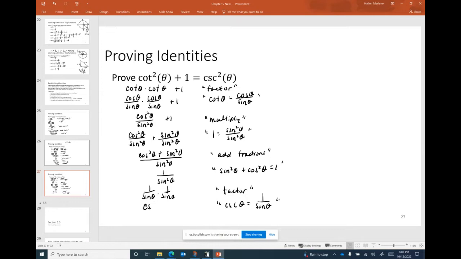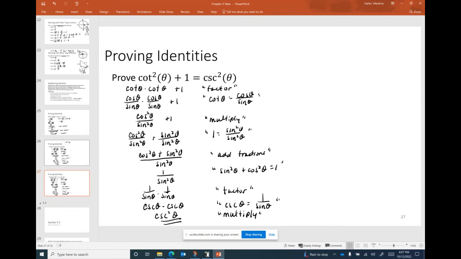So we can call this the cosecant theta times the cosecant of theta, and then when we multiply that out, we've completed our proof. That will equal the cosecant squared of theta. Justification of the last step is just multiply.